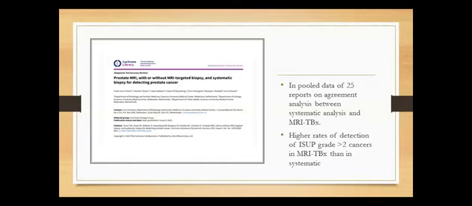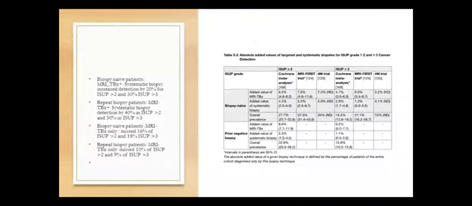And then we have a Cochrane review in which 25 articles were analyzed, with regard to systemic biopsy and MRI biopsy. It showed higher rates of detection of ISUP grade 2 lesions in MRI biopsy than in systemic biopsy. So far, evidence is leaning more towards the MRI targeted biopsy.